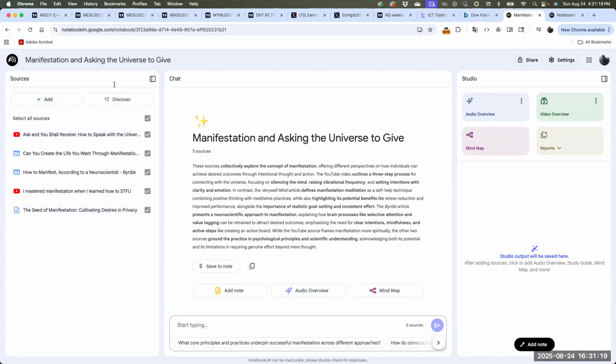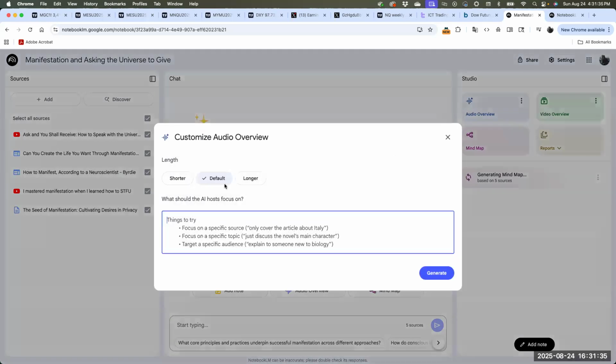Right. So, okay, now we've built this out. Let's do a mind map and see what it can come up with out of these 5 sources. And then, also if I want to do audio, let's do an audio. We can customize it right here. I want to do a shorter one. And what do you want the AI host to focus on? If you know this stuff already, you can say, hey, I want you to focus on ways that I can apply this during the morning, right?